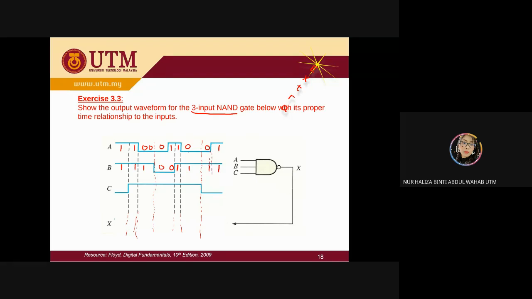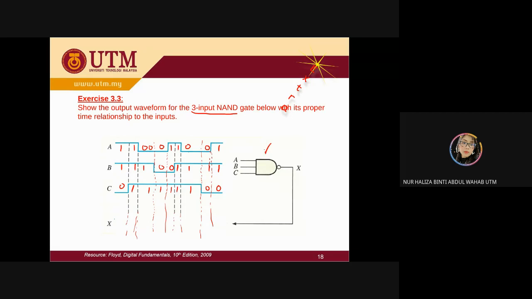Here you will have 0, 0, 1, 1, 1, 1, 1, 1, 0. So there are three inputs.